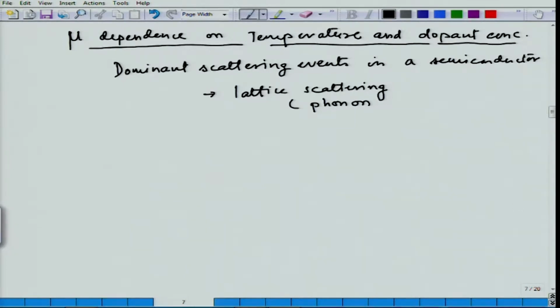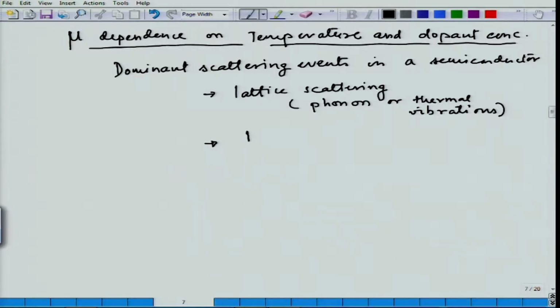So, phonons or the thermal vibrations are the cause for scattering of the carriers when they are moving in an applied electric field.